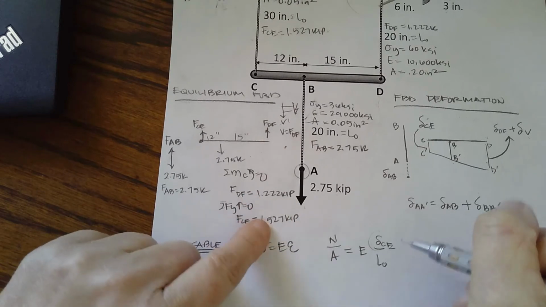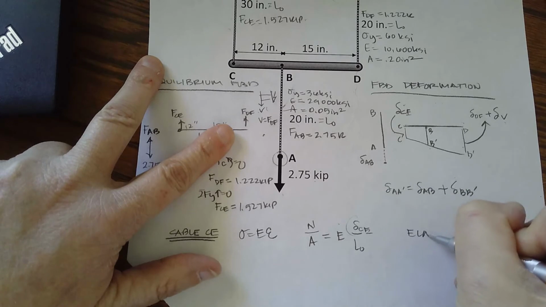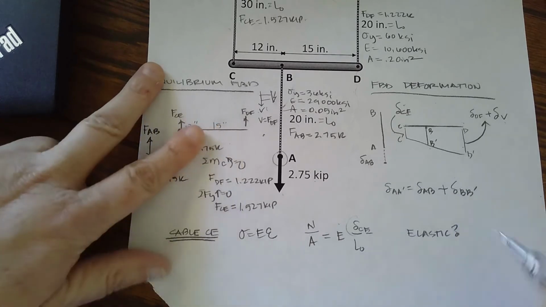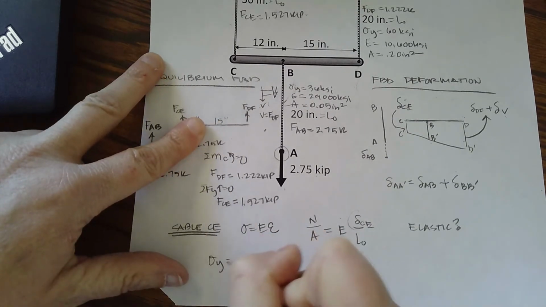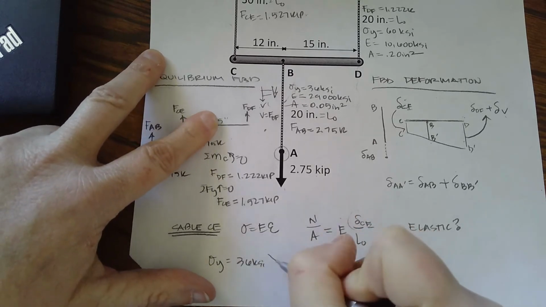But the first thing I need to do is check, are we in the elastic region? Are we elastic? And how do I do that? I know that my yield stress is 36 KSI, so I have to be less than yield stress.